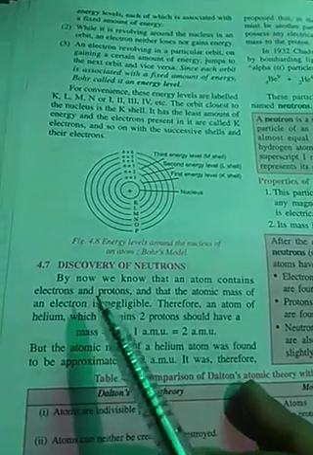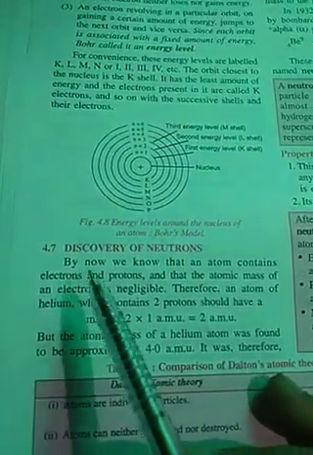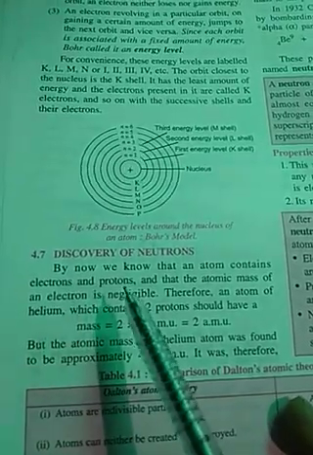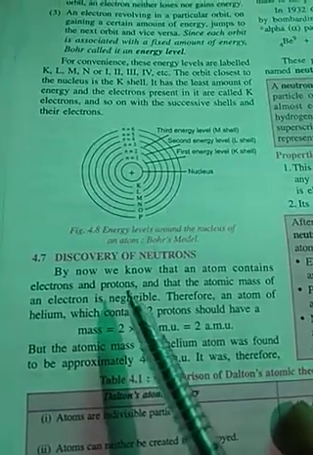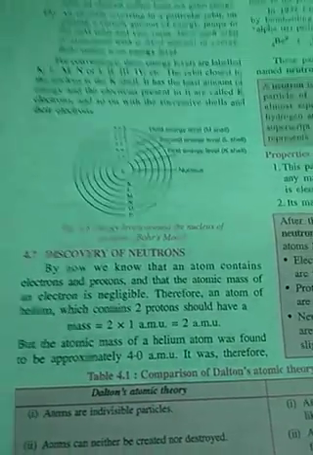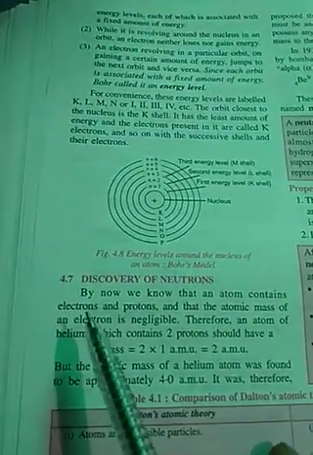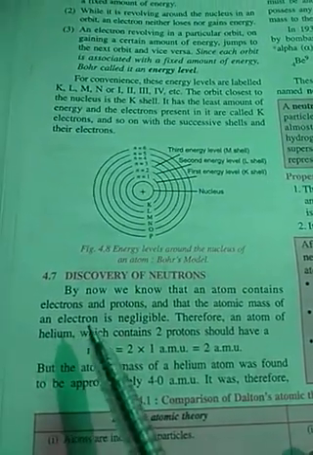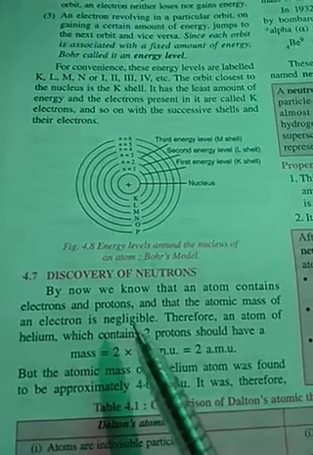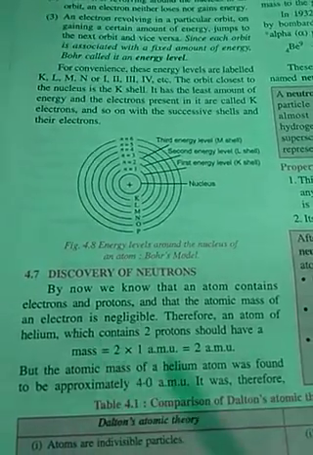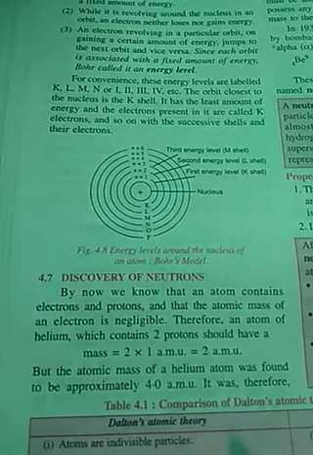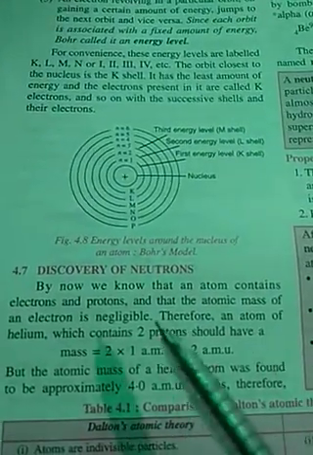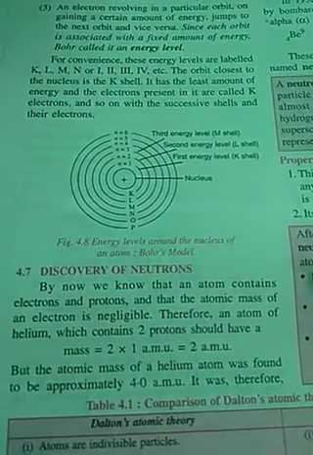See, my dear friends, whatever I have told you is the same. By now we know that an atom contains electrons and protons only. The atomic mass of an electron is almost negligible, so whatever the mass of the protons is will be the mass of that atom.